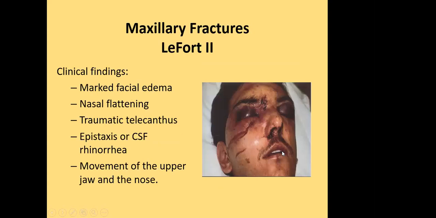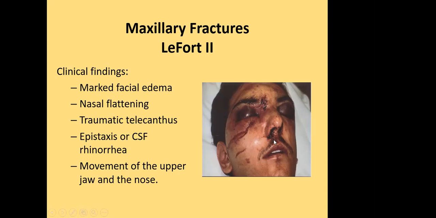Okay. So there will be mouth edema, there can be nasal flattening, and we already talked about the telecanthus, which you can see is displaced. Then epistaxis and CSF leakage.